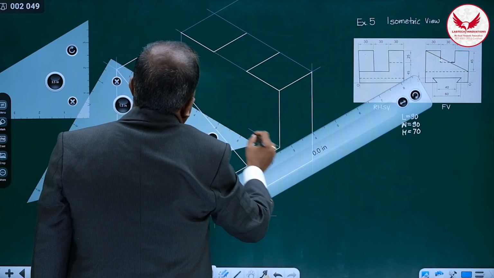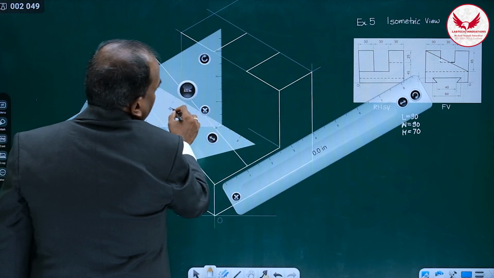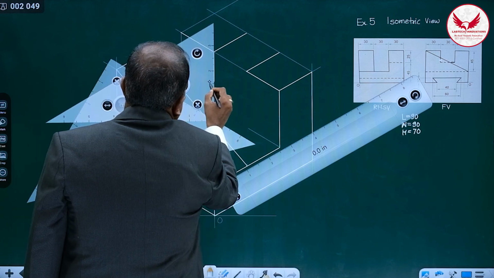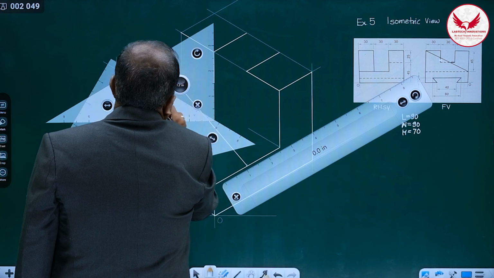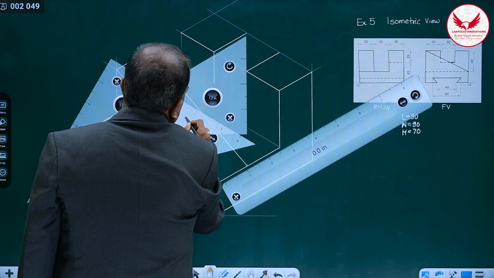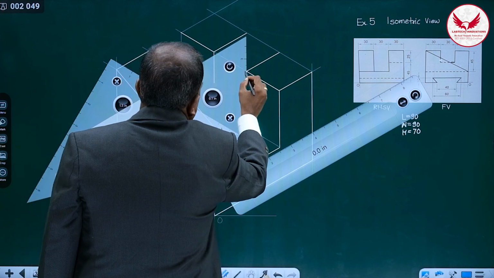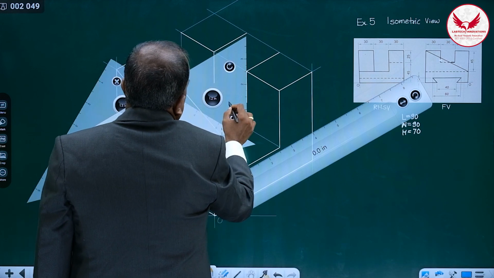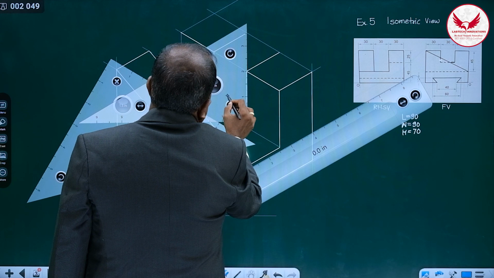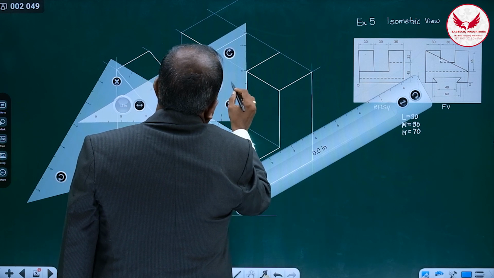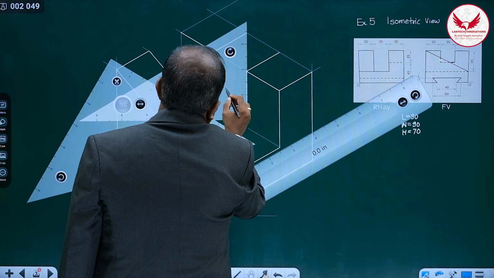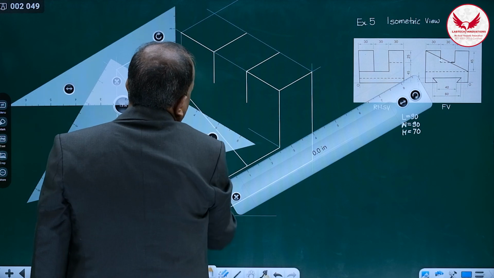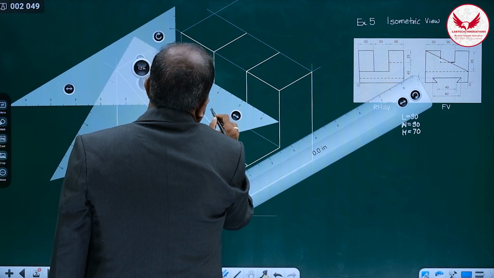And the depth of this slot is also mentioned. It is 25, means 15, 25. Then here also it is 25. The depth of this edge also, if we mark 25, or before that I'll mark this 30.